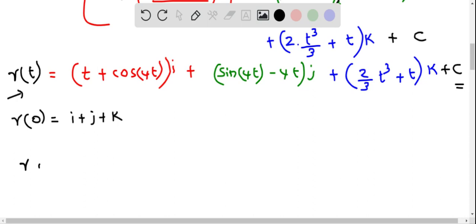On the left side we will have r of 0, and this equals, when we put t equal to 0 here, 0 plus cos of 4 times 0, which is cos of 0.